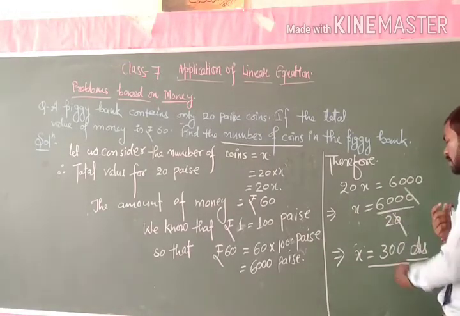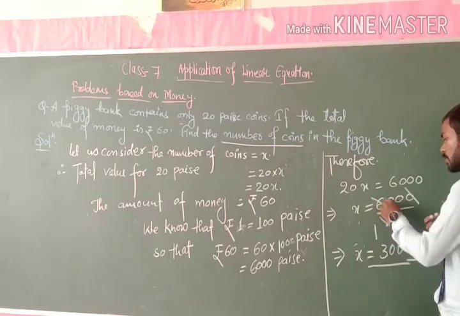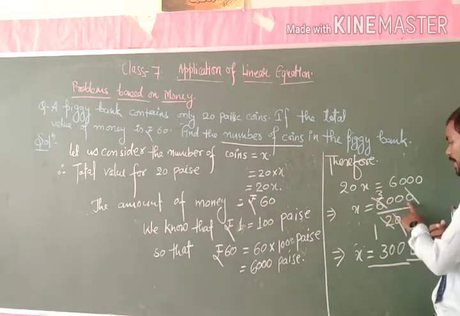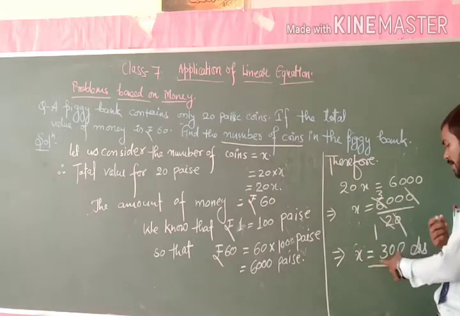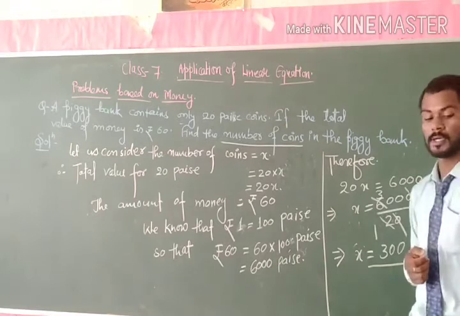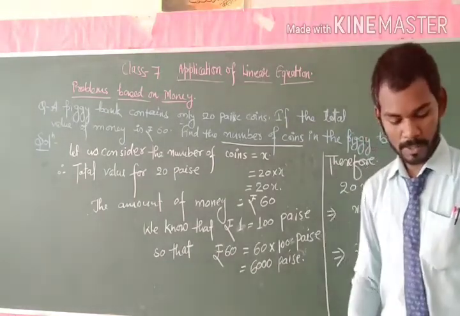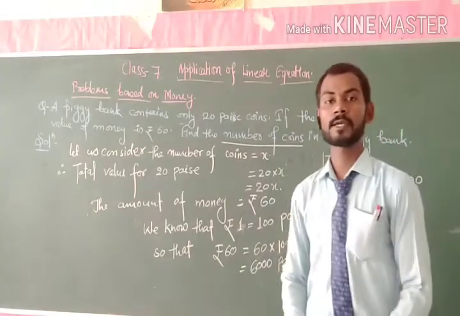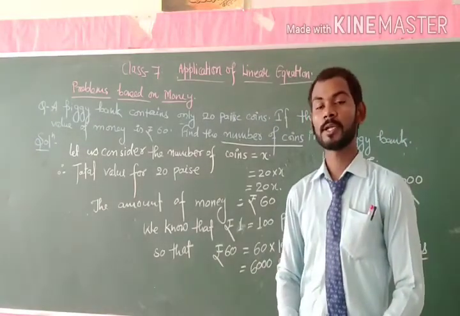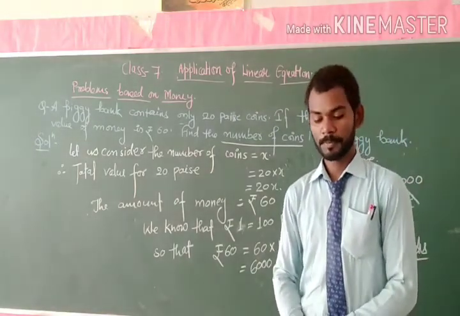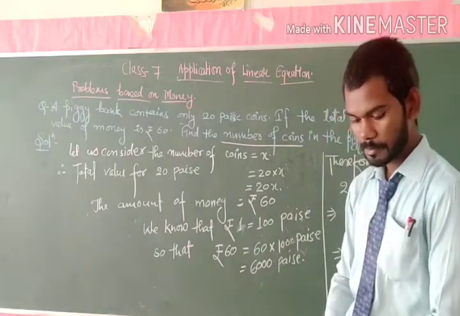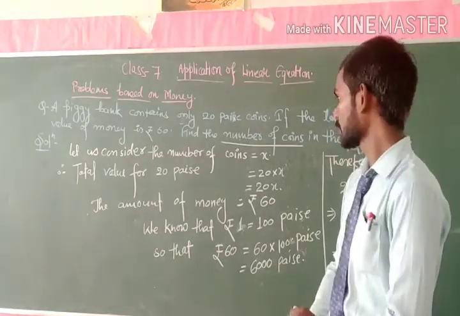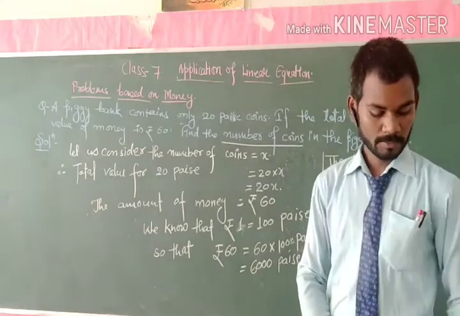The zero cancels out, 2 threes are 6, so x is equal to 300. That means the piggy bank contains 300 coins of 20 paise. I hope it is clear. Now let us see the next problem.